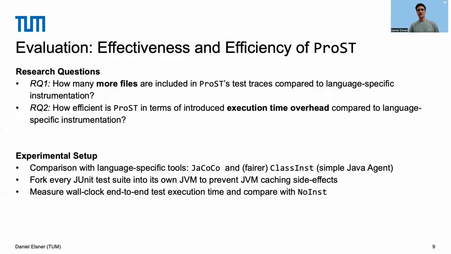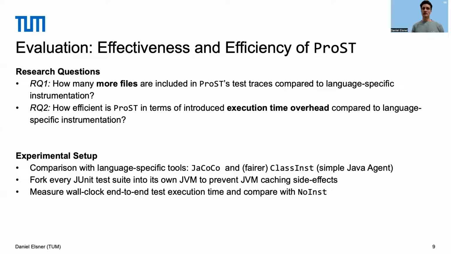For the experimental setup, we use the projects that we also used in the motivating study, and we aim to compare ProST against one established coverage instrumentation tool, and that is JaCoCo, because as I said, all the projects have at least one GPL that targets the JVM, and JaCoCo, the Java code coverage tool, is a tool precisely aimed at getting the coverage out of such JVM programs.